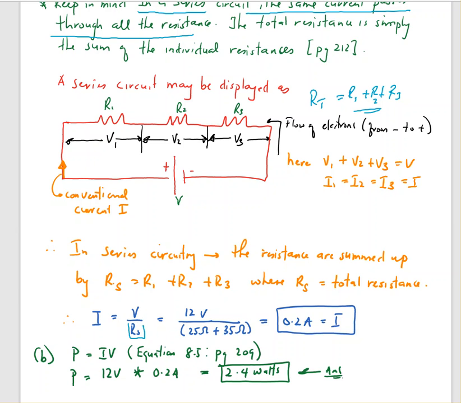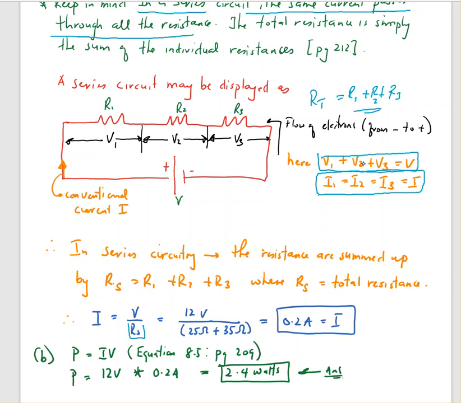So keep in mind that when you're dealing with a circuitry that has resistors that are in series, your current is always going to be the same. I1 equals I2 equals I3 equals I4, on and on and on. And the voltage, always keep in mind there's always going to be a voltage drop.